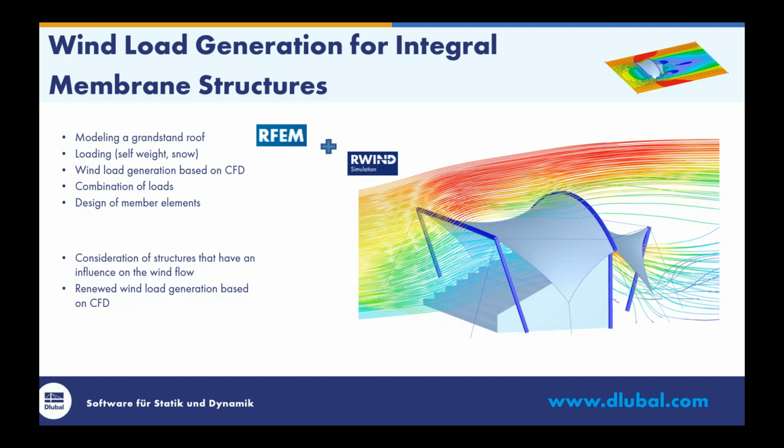In the second advanced part, I want to rethink this model, or at least the wind load calculation, by means of the consideration of bodies which influence the wind flow around the model. But to this topic I will come later.